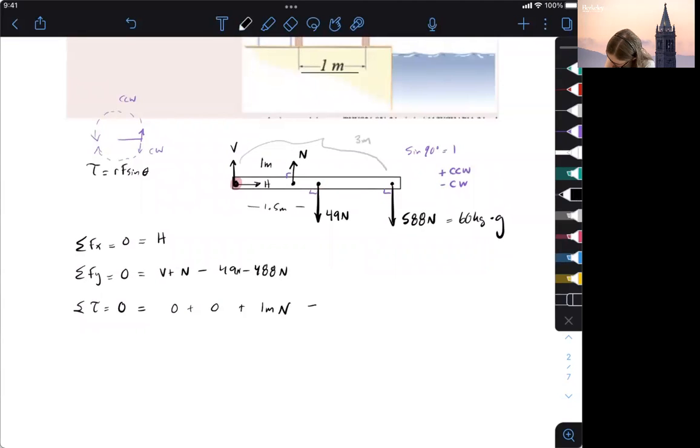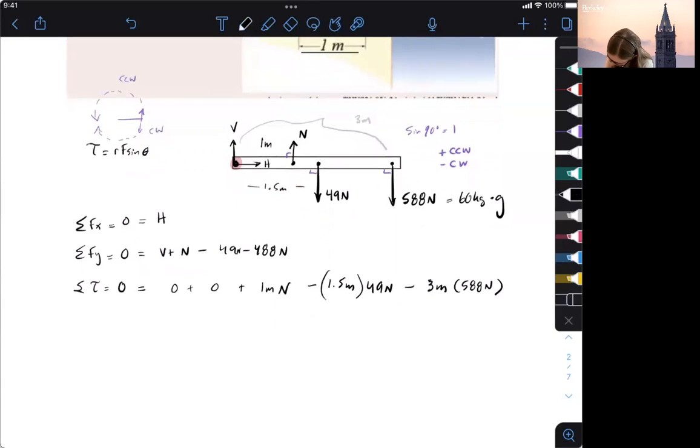So minus 1.5 meters, because we found that to be our distance, so it's just our R, times 49 newtons, minus 3 meters, because that's our distance there, times 588 newtons. Are we forgetting anything here?